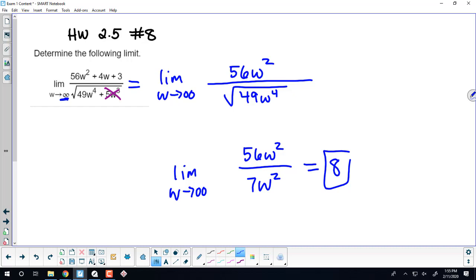So again, whether we approach positive infinity or negative infinity here, the limit's still going to be 8. Okay. Any other questions about these or different questions?